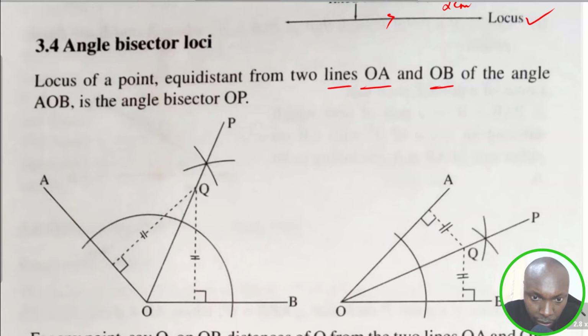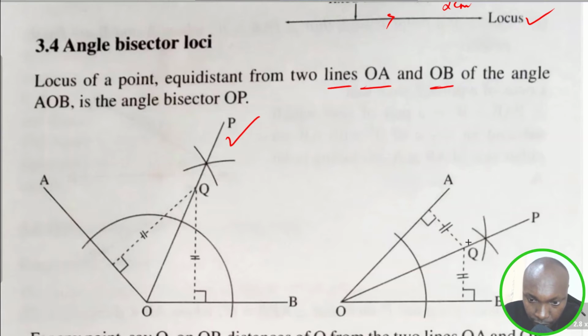And to get the locus which is equidistant from two lines, we get the bisector of the angle between the two lines. So in this case, since we need to get the locus of a point equidistant from two lines, OA and OB, we just need to identify the angle that is between these two lines, line OA and OB. So the angle that is between there, you bisect it. So when you bisect that, that will give the locus.